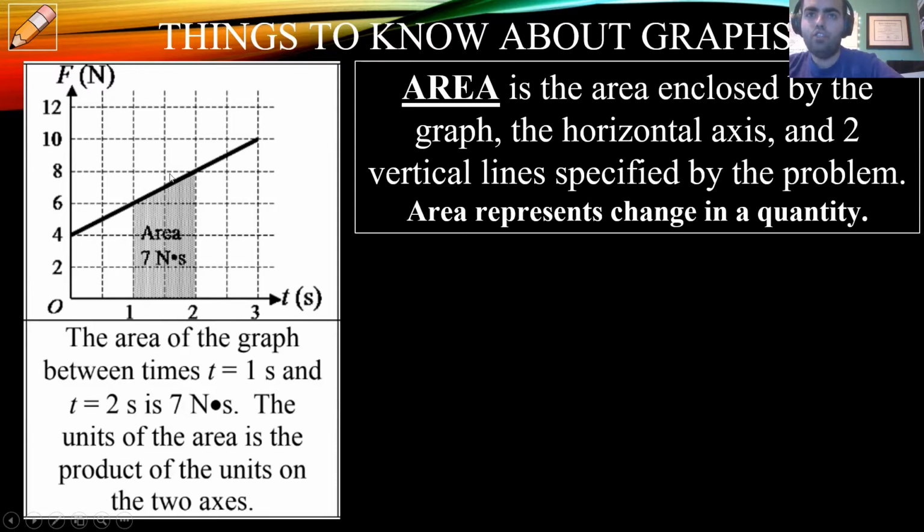It's half of these 2 squares right here. So I've got 6 plus 1 gives me an area of 7. The units are based on multiplying the units of the vertical axis by the units of the horizontal axis, so the area is 7 newtons times seconds.